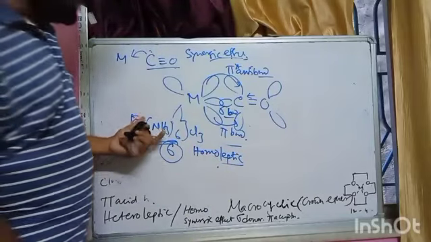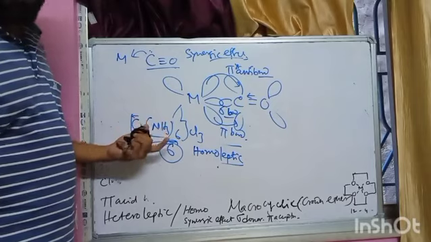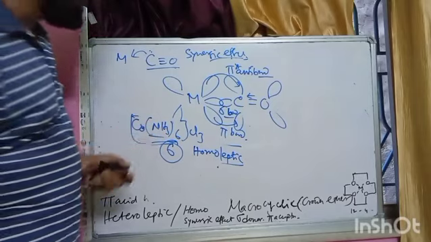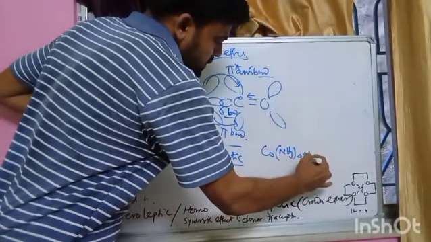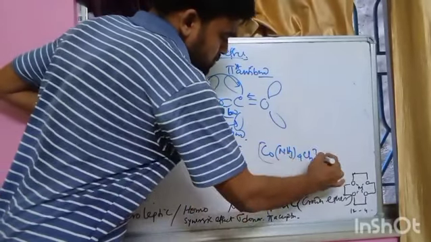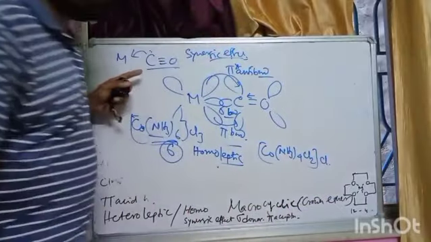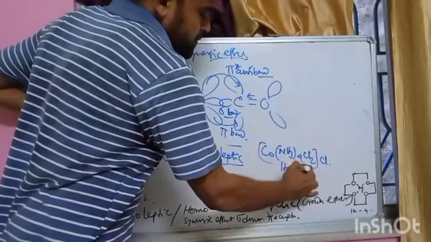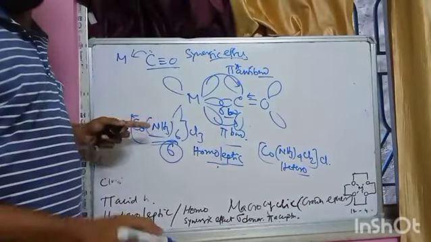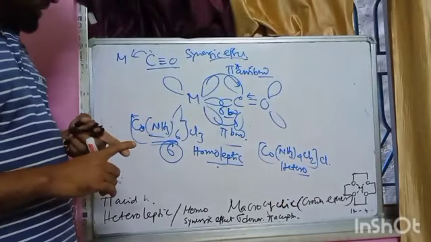And if two or more different types of ligands are used, it is called heteroleptic, such as Co(NH3)4Cl2 Cl. It is called a heteroleptic complex. So homoleptic and heteroleptic. Hetero means different types of ligands attached to the central metal ion.